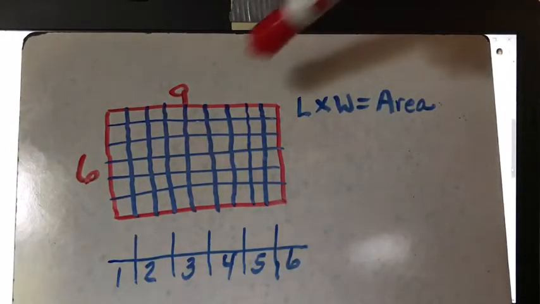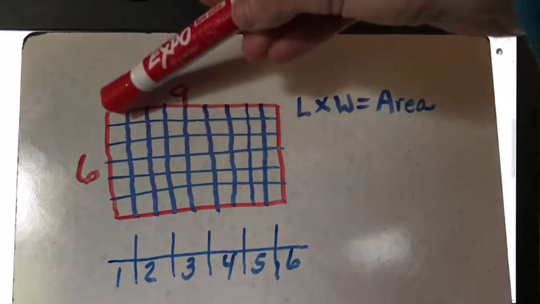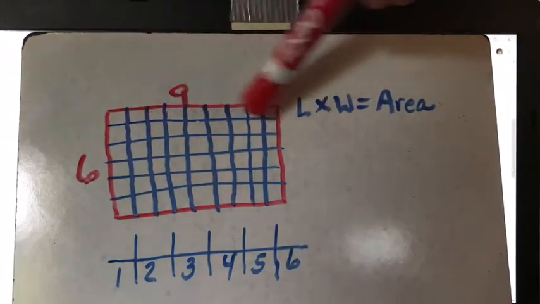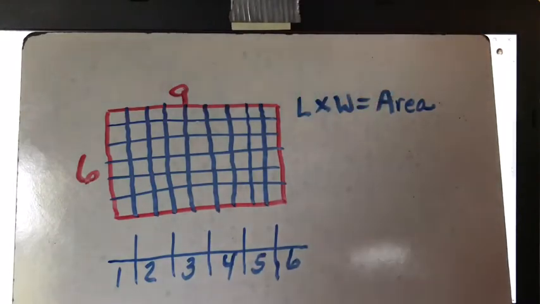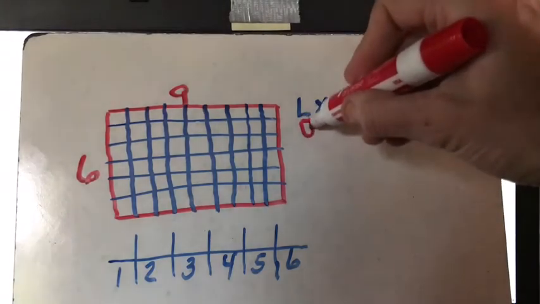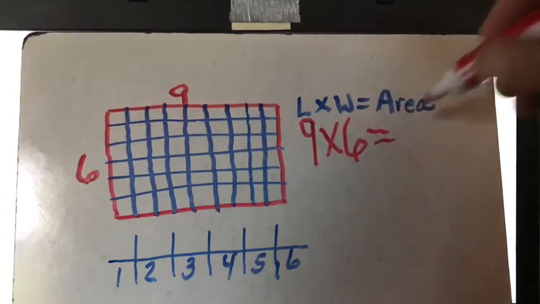So I have 9 square units going across the top and 6 going down. So I have an array, a 9 by 6 array, or 6 by 9, and I have length times width equals area.